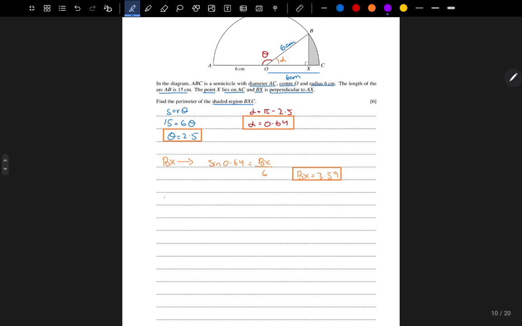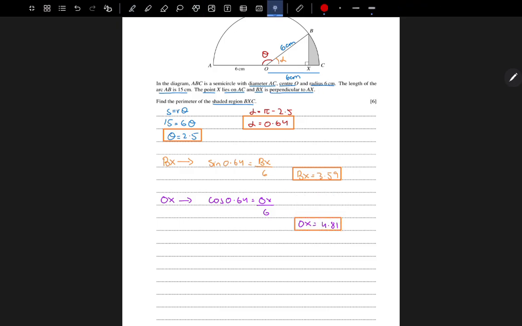In order to find OX, we'll have cos 0.64 equals OX upon 6, and this will give us OX equals 4.81.